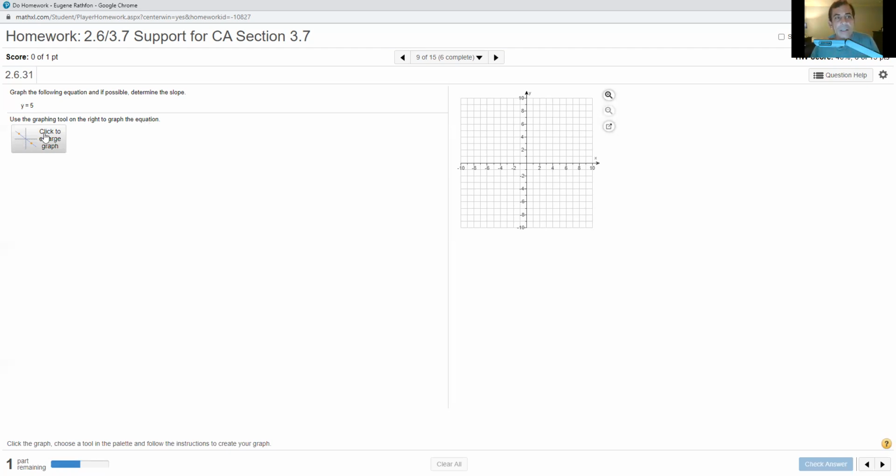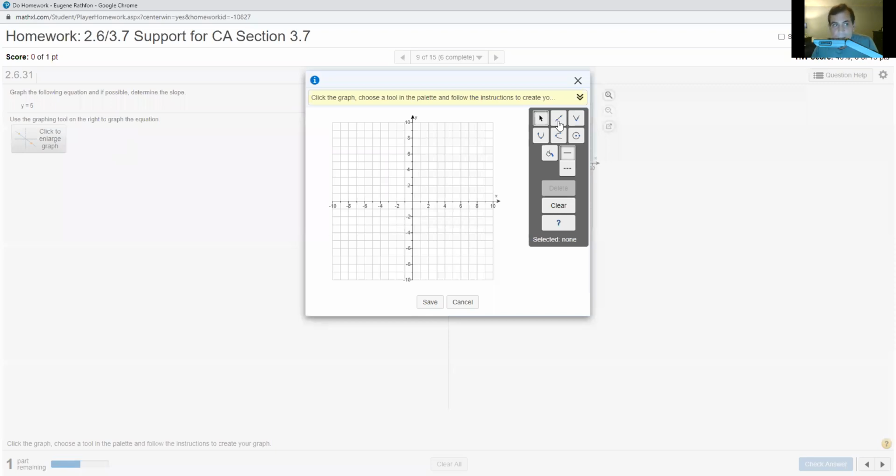So watch this. Just like I did with the x's, I'm going to do this one to where all the y values are always 5. So that's going to be horizontal. Since y equals 5, I go find 5 on the y-axis and click that. And then I go left or right. See how the y values are always 5, but the x's are changing in the point in the corner?